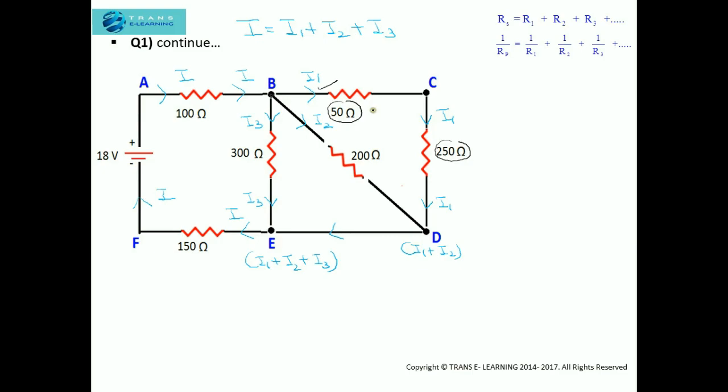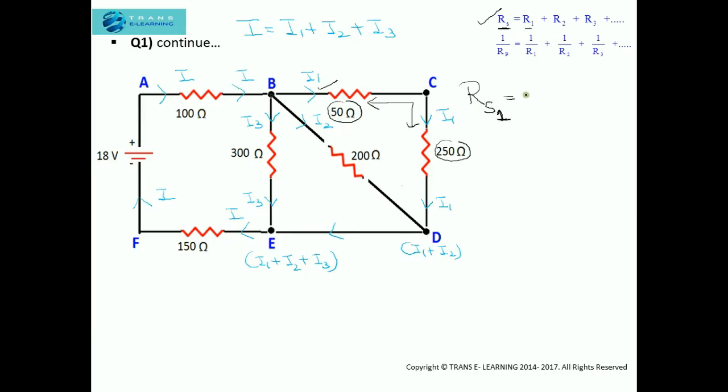As the current is the same, that is I1, which is flowing through these two resistors, these two resistors are in series. So we know that resistances in series are just added up. So we will be adding these two resistances. I will give it the name resistance in series 1. In this question, this is the first time we are finding the resistance in series.